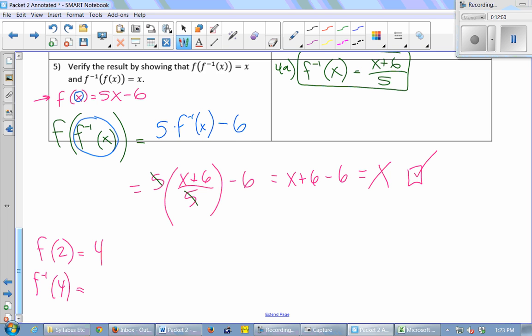And what am I hoping I get if I did everything right? 2, right? The thing I started with. I put a 2 into the f machine, I got a 4. I want to put a 4 into the undo machine, so I want to get a 2 back. And you totally do. If I put a 4 in here, 4 plus 6 is 10 over 5 is 2. So I get a round trip, at least for 2. So it's a good indication I did it right.